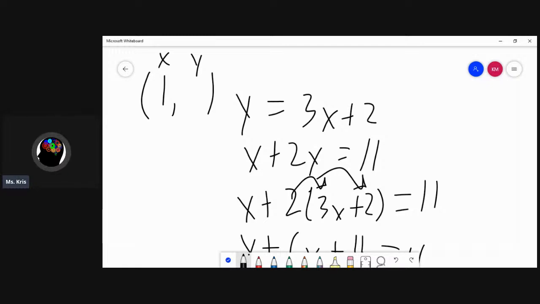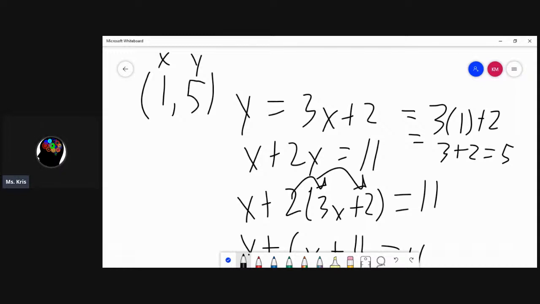Either one of those will give you the exact same answer. So I'm going to go through the first one. Why not? We know that x equals 1, so y equals 3 times 1 plus 2. And of course, 3 times 1 is 3, plus 2, and that equals 5. So now, my answer is (1, 5).